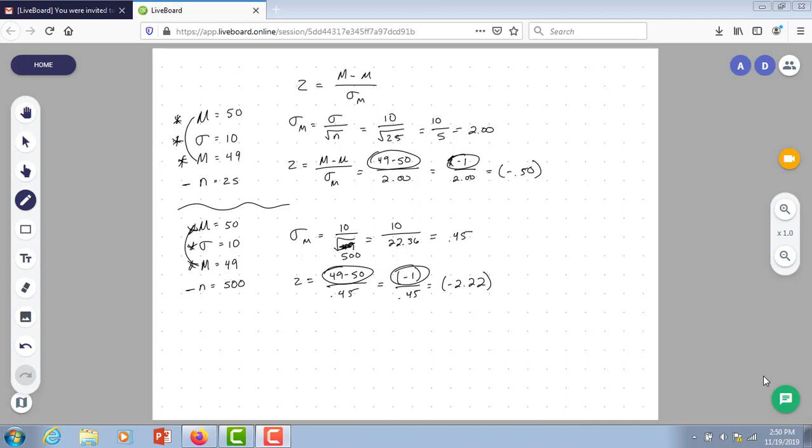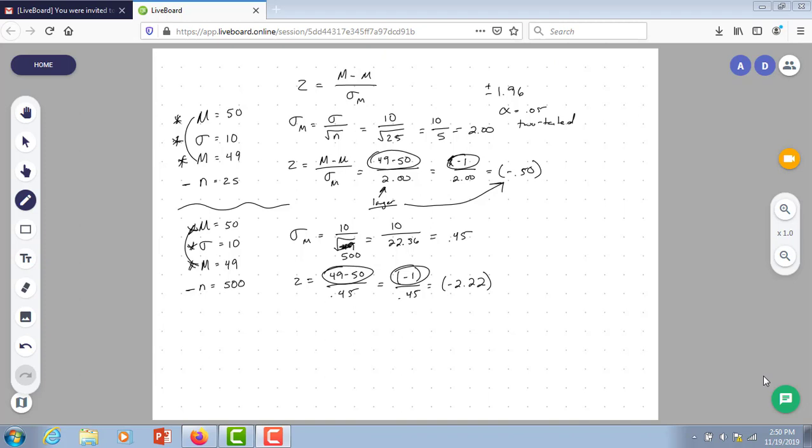Now, same mean difference, but look, the variation is different. The standard error of the mean located at the top of the page is larger, and thus our z is smaller. If we were going to use plus or minus 1.96 with an alpha level of 0.05 and it was a two-tailed test, and we were trying to evaluate if this z was statistically significant, we wouldn't be able to say it was.